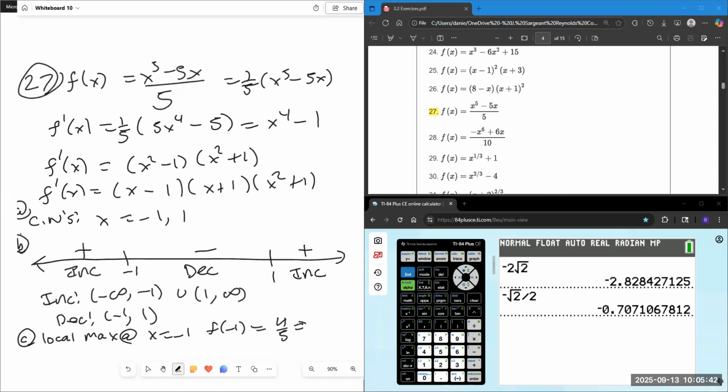So 4/5. So that turns into (-1, 4/5). And there's a local min. Local and relative mean the same thing. So if I say local and your book says relative, that's the same thing. 1 minus 5 is a -4, so that's a -4/5. And that is (1, -4/5).